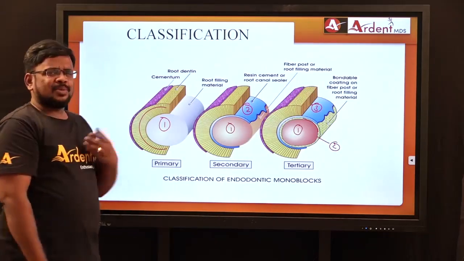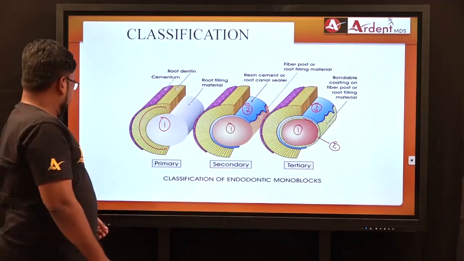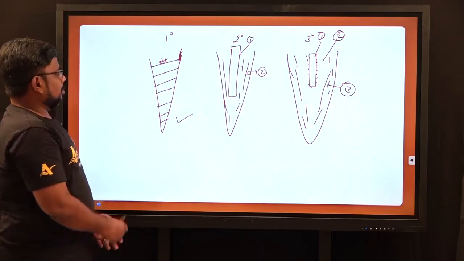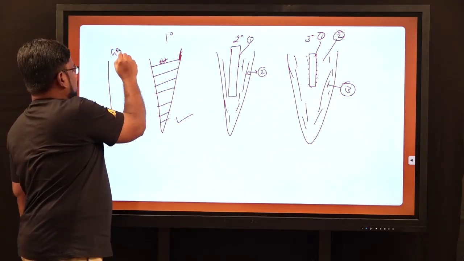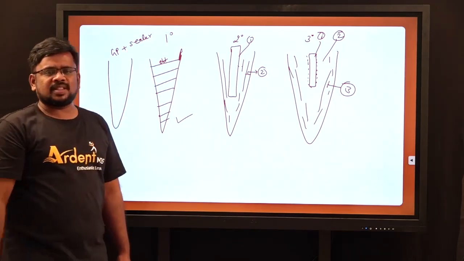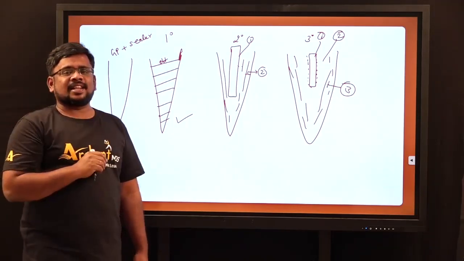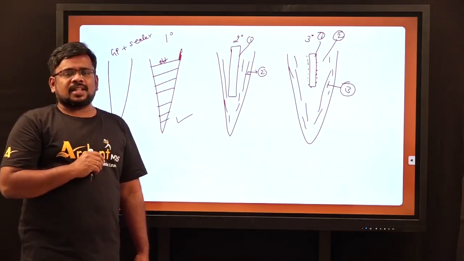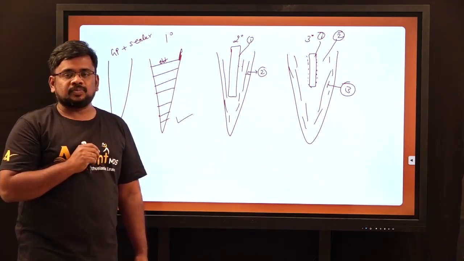Why are all these monoblock concepts important? Let's see an example. If we have the traditional method of GP with sealer, GP has certain advantages and disadvantages. The advantage of GP is that it is a good biocompatible material.